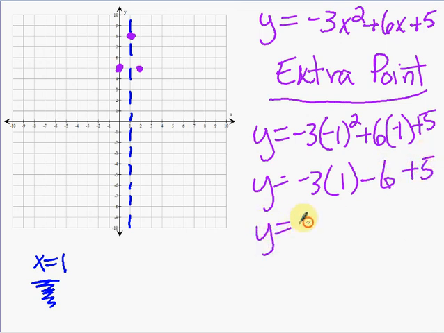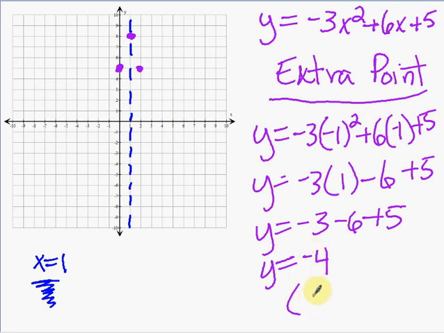That'll give me -3 minus 6 plus 5. And we see that we get -9 plus 5, which is -4. So the ordered pair that goes with that would be -1, because that's what I plugged in, and -4 popped out. So I would use that ordered pair, and I want to put it on my graph.